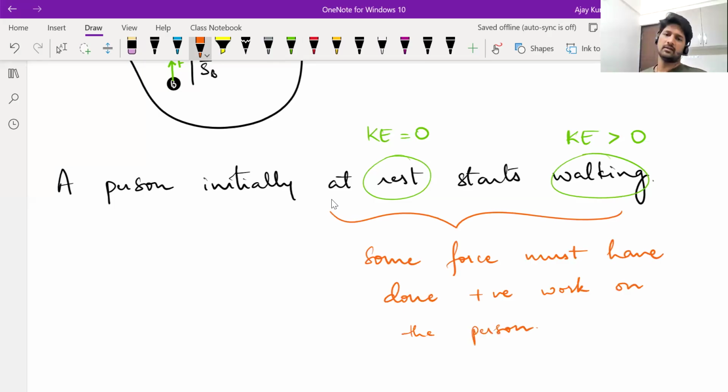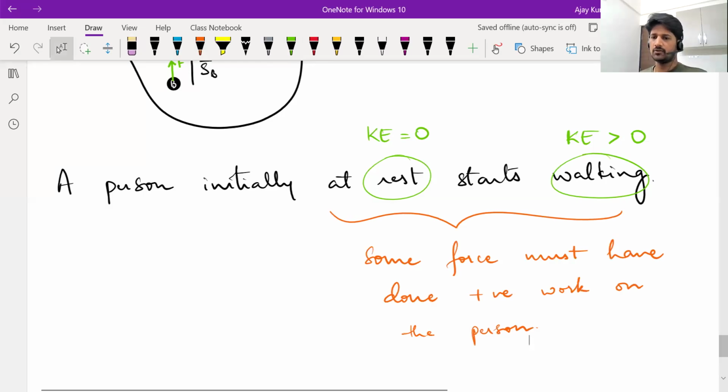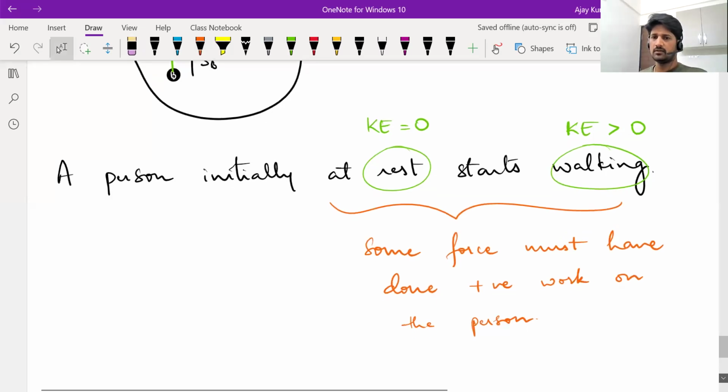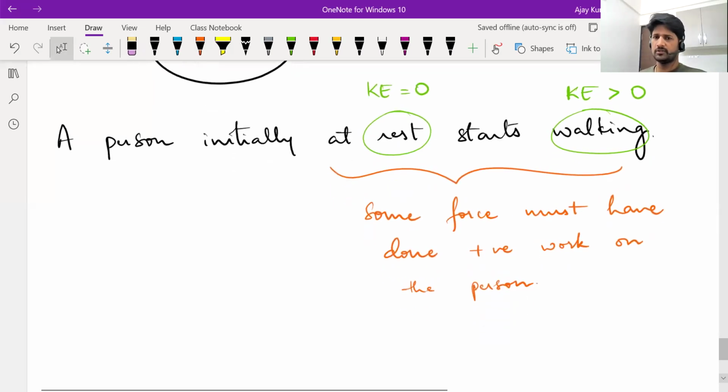Which force do you think has done this positive work, and how do you justify that it is doing positive work? If possible, give an explanation also. Think about this carefully, all of you. A person initially at rest starts walking, means the person gains kinetic energy. Which force is doing work on the person and giving that kinetic energy?